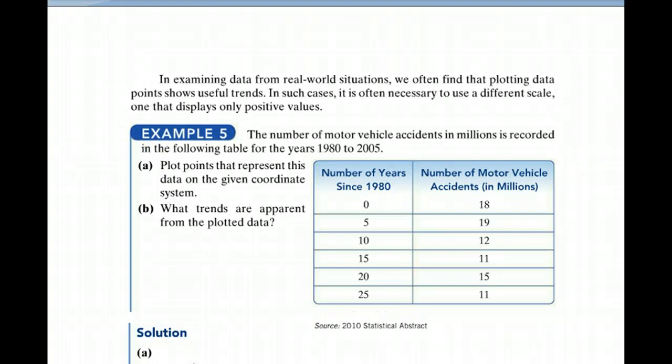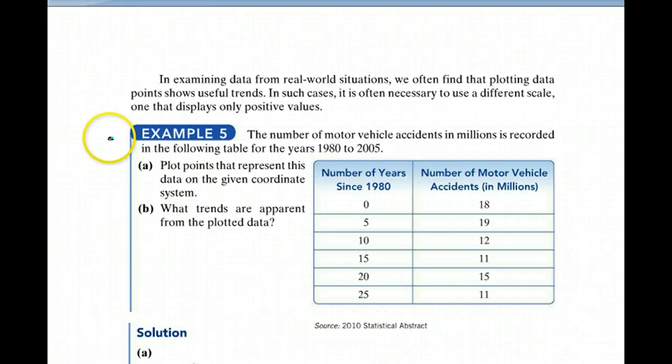If you think about that, sure, the number line could be displayed, but in such cases as years, is it necessary to show negative years or negative production of cars or negative automobile accidents? That doesn't really make much sense in real life, so it's not necessary to show it.